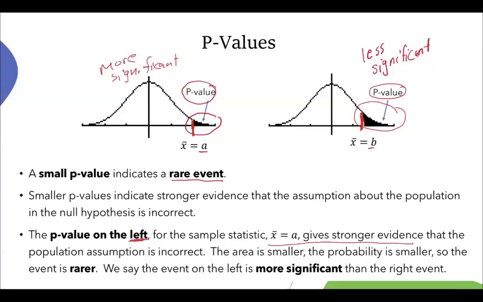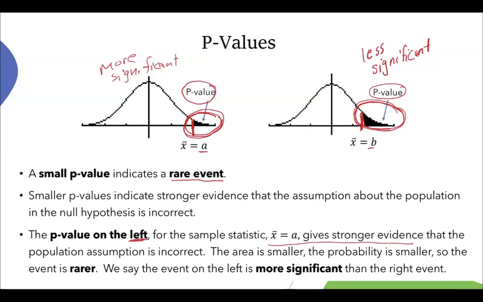So to put this into context, imagine that you have two exercise programs that claim to increase cardiovascular endurance, and one gives you this result, and the other one gives you this result. Which exercise program would you choose?